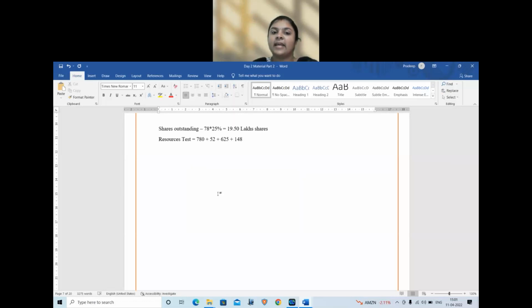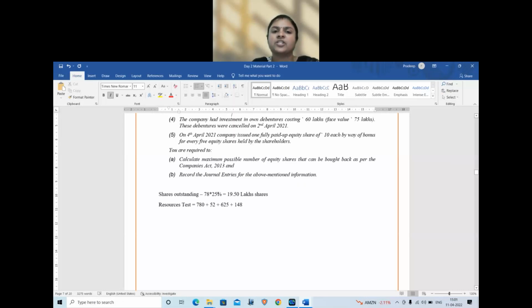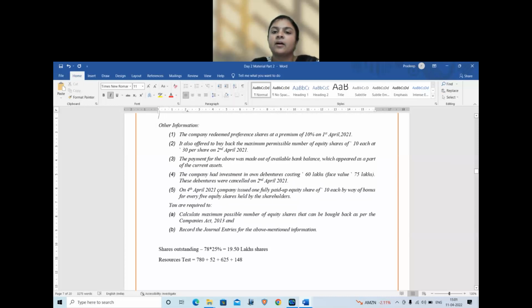Preference shares are redeemed. Let us see at what price preference shares are redeemed. Premium of 10 percentage. So please calculate the premium on redemption of preference shares.